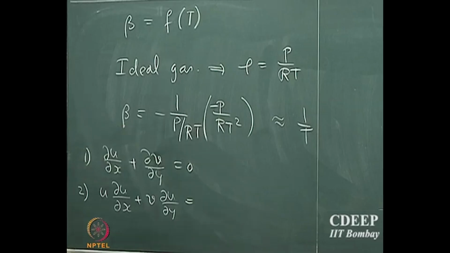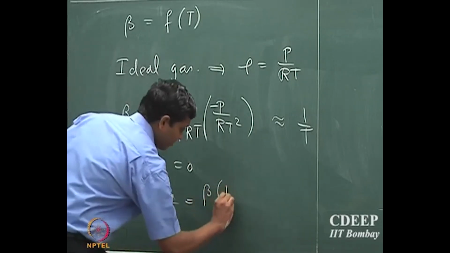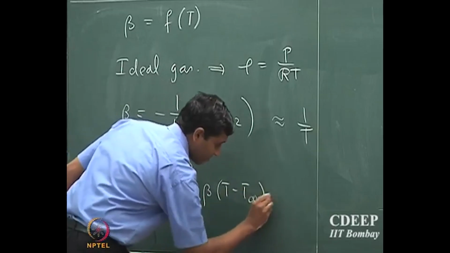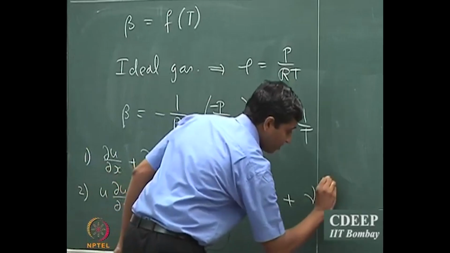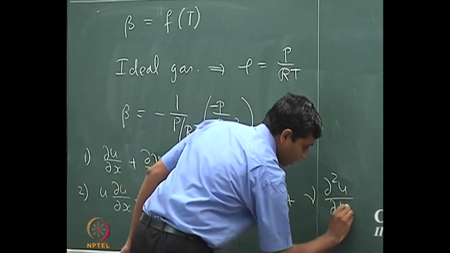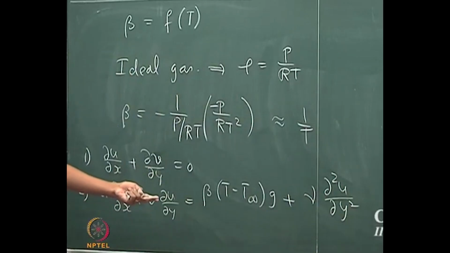So that we can rewrite as beta into T minus T infinity into gravity plus nu into d square u by dy square. So all I have done is I have just replaced delta rho by rho with the compressibility factor expression using the Boussinesq approximation, and then we have the temperature balance.